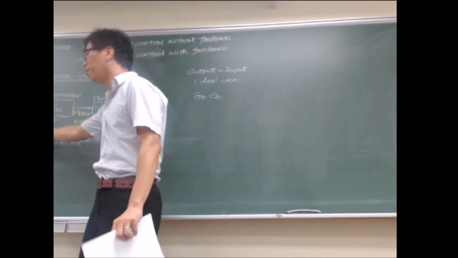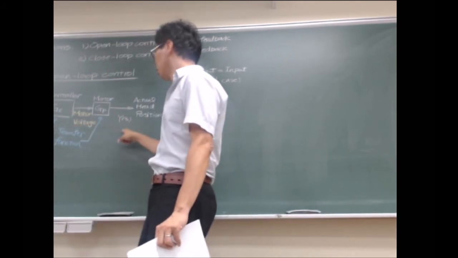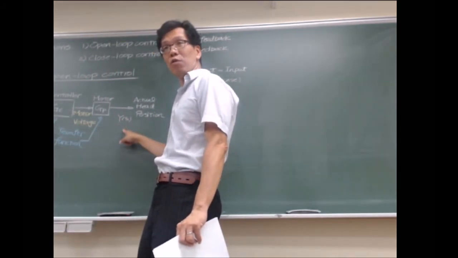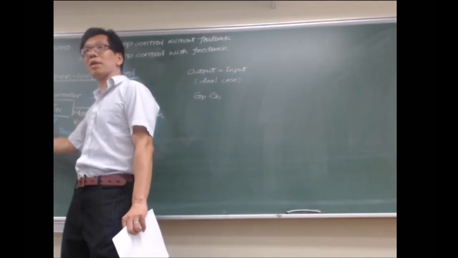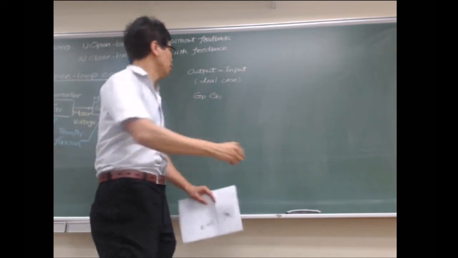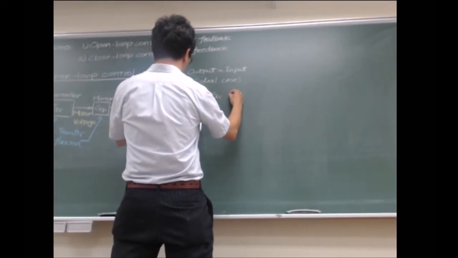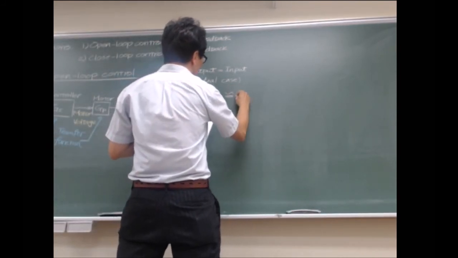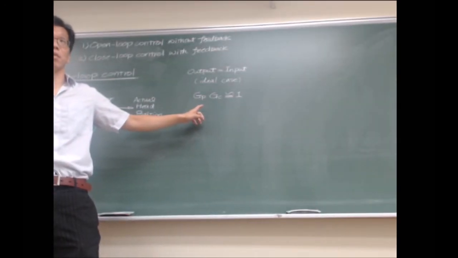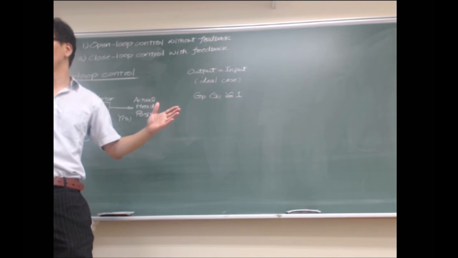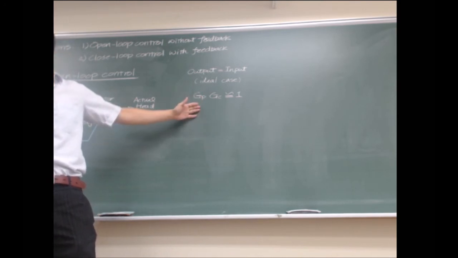Because if this is multiplied by 1, then it's going to be your output, which means your output is going to be identical to your input. Does it make sense? So if that is the goal, we hope this is as close to 1 as possible. Sometimes it's not possible, but if we can get everything close to 1, that will be great.